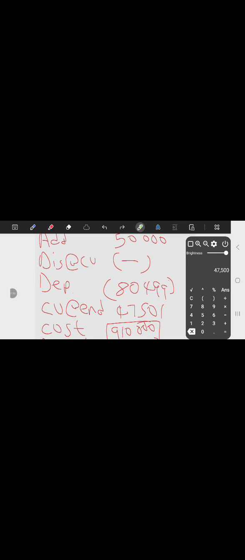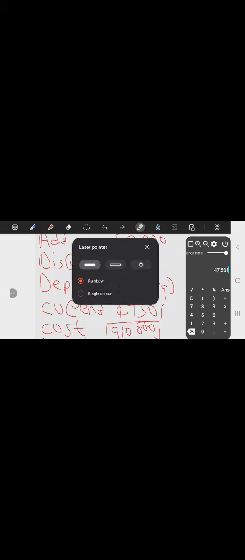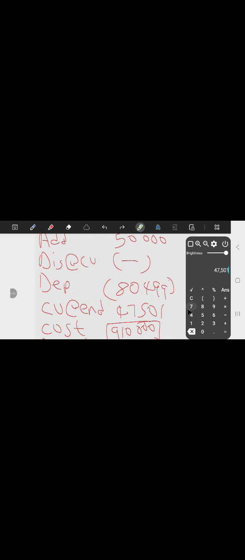It's much safer to do this, plus 1 rand for the other one that has lost value and we recognize it in our books as 1 rand. Then it gives you your 47,501, and then you proved that you are correct.